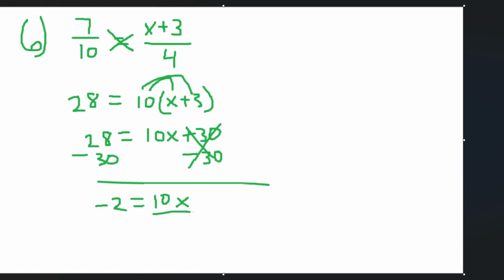And to get the x by itself, we simply divide by 10 to both sides. And we'll have x equal to negative 2 over 10. If you reduce this down, divide both the top and bottom by 2, you would get negative 1 over 5.